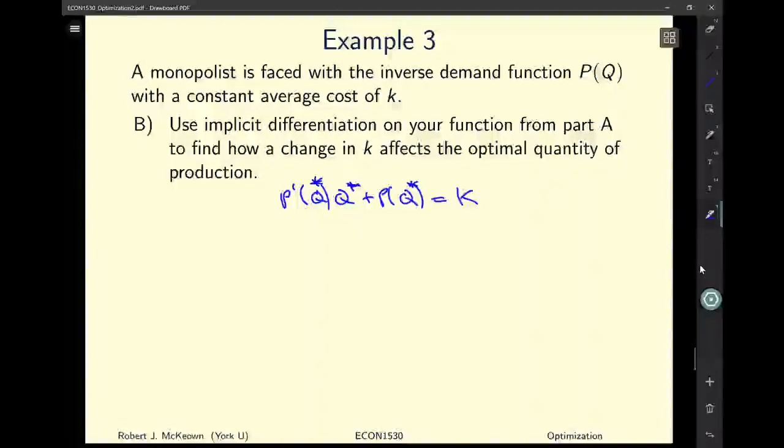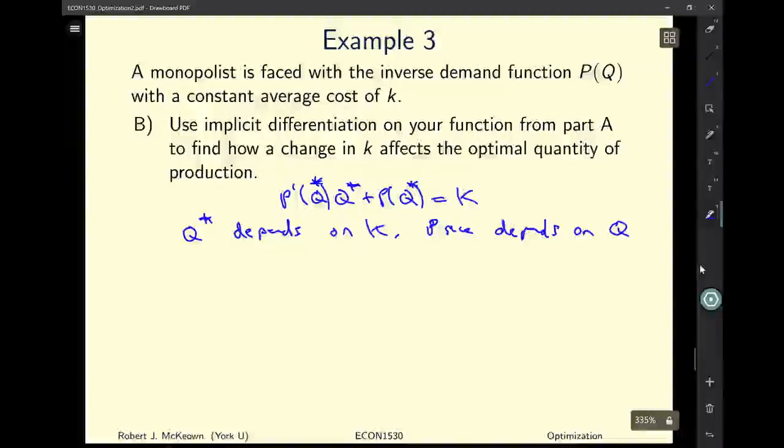The next part of our question is asking us, how does the equilibrium quantity change when the average cost, that constant average cost term, changes? Now, we know that Q star depends on K, and price depends on Q, and Q star for that matter.